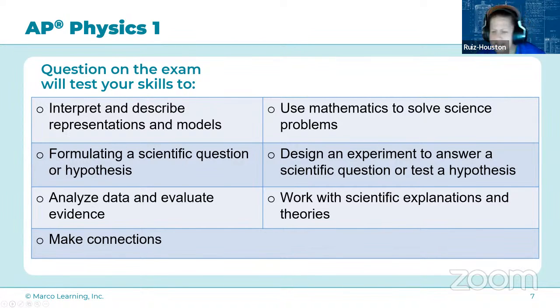You're going to be looking at different models and diagrams to figure out what's going on. You're going to analyze data. You're going to come up with experiments. You're going to judge other experiments, okay? You're formulating your own hypothesis. You're making connections. And this is on both sections. It's not just on the free response. There are also these types of questions within the multiple choice as well.